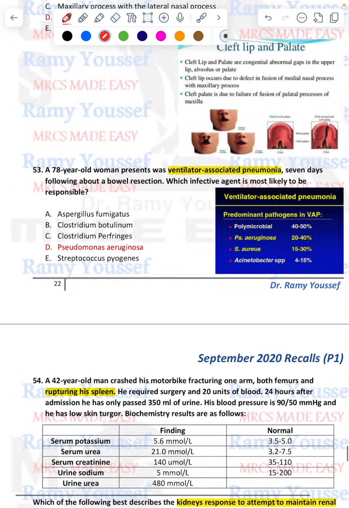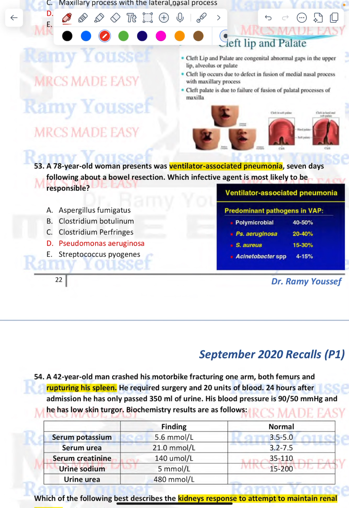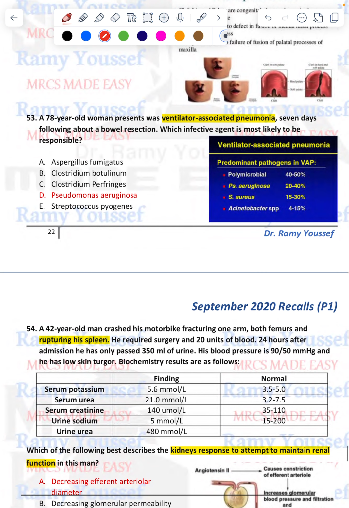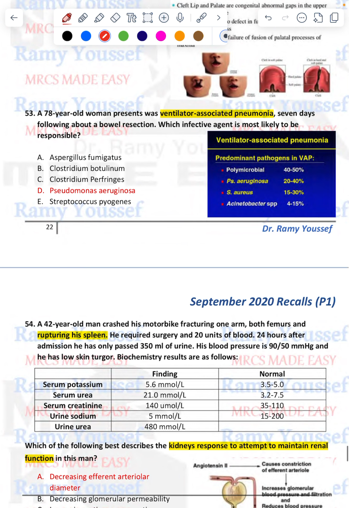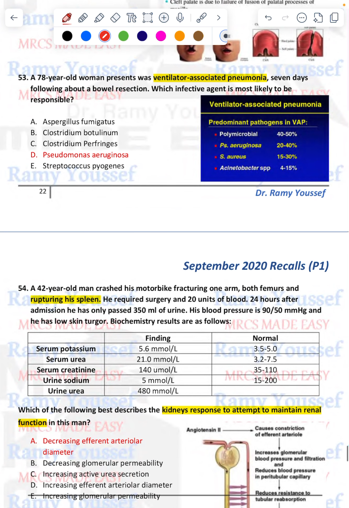So what is the question? Which of the following best describes the kidney's response in an attempt to maintain perfusion? Whenever there is hypotension, the kidney secretes renin and ADH tries to conserve water. Decrease in efferent arteriolar diameter? Renin causes efferent vasoconstriction.